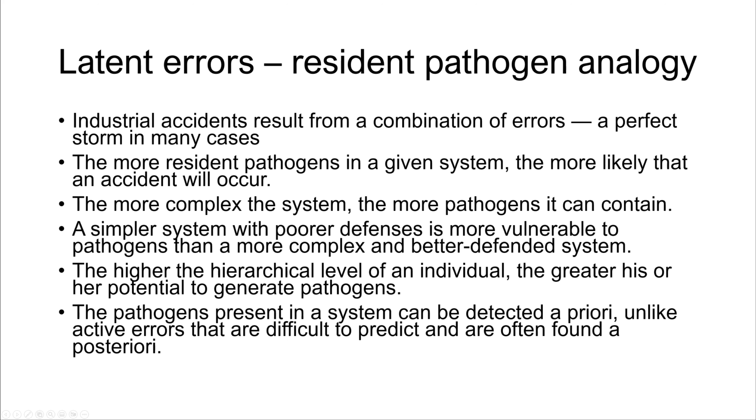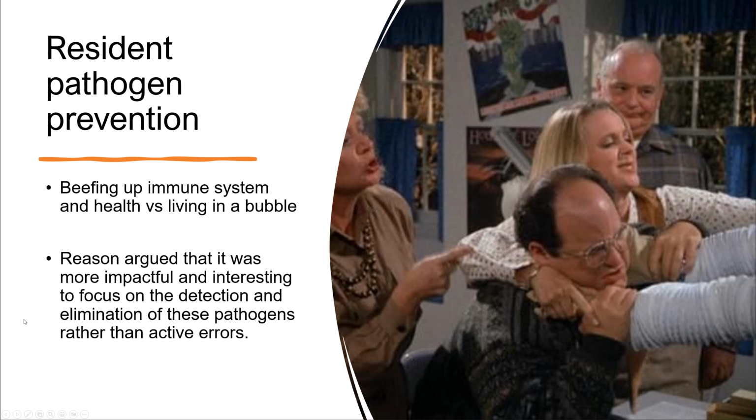But active errors you typically aren't aware of until they happen. So how do we prevent it? The difference is you beef up your immune system and health versus living in the bubble. So Reason argued that it was more impactful and interesting to focus on the detection and elimination of these pathogens rather than active errors.